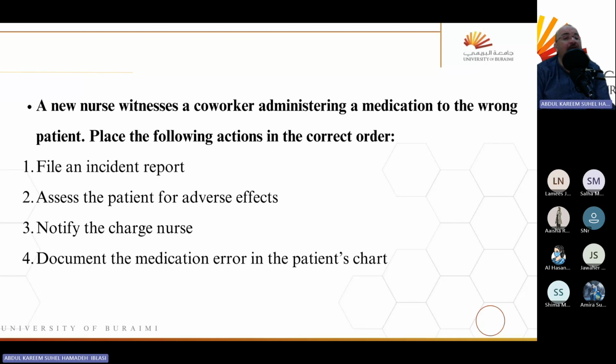ايش هم المهام؟ File an incident report، لازم نعمل، بس متى لازم نعمل أو وش ترتيبه في الاوردر تاع الاكشن. Assist the patient for adverse events، صح لازم نعمل اسسمنت للبيشنت.